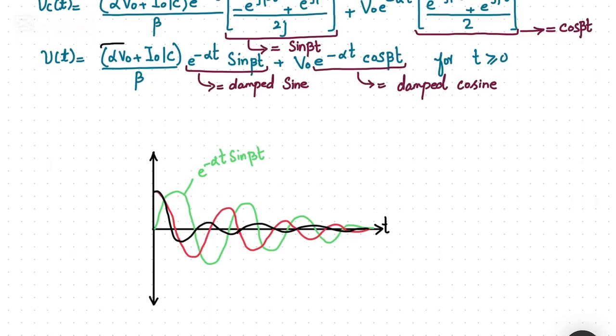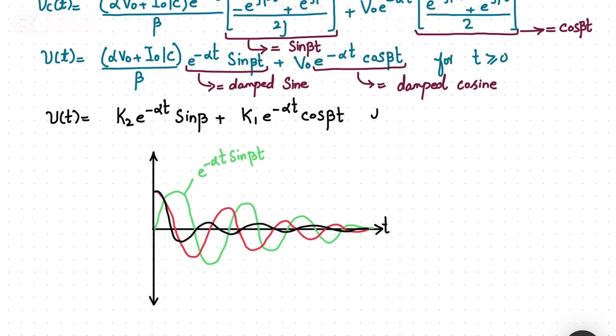So instead of completely remembering this equation, we can simply write v(t) is equal to K2 e^(-αt) sine of βt plus K1 e^(-αt) cos of βt for t greater than or equal to 0.